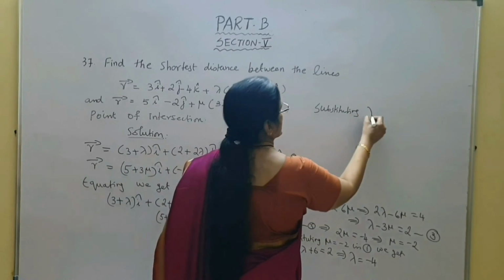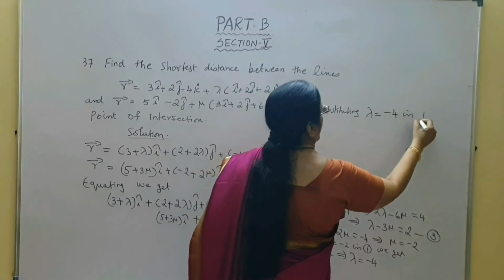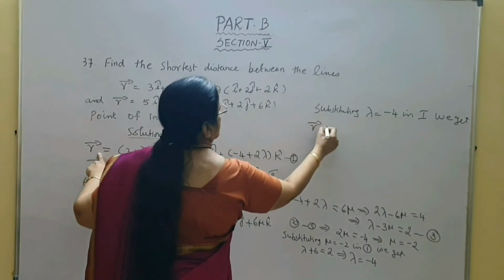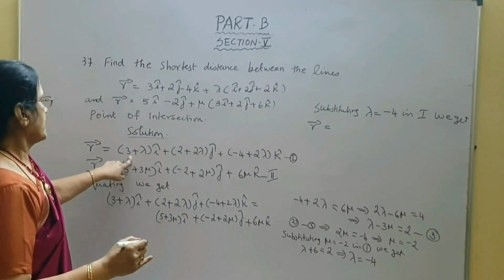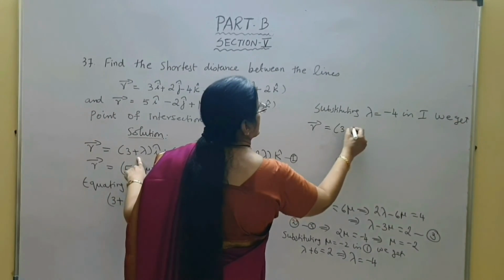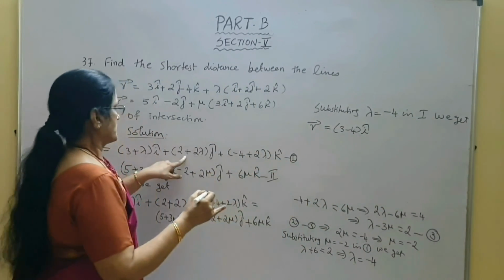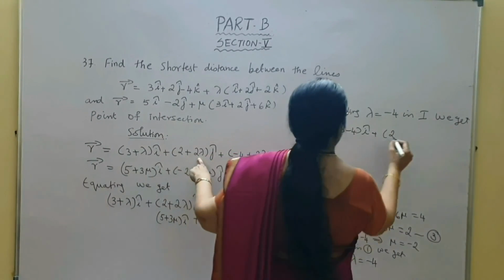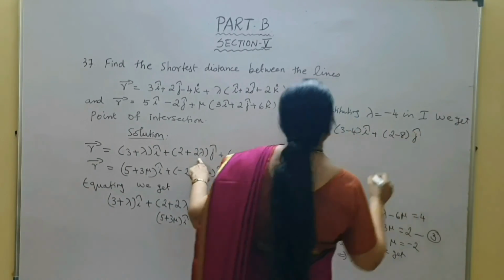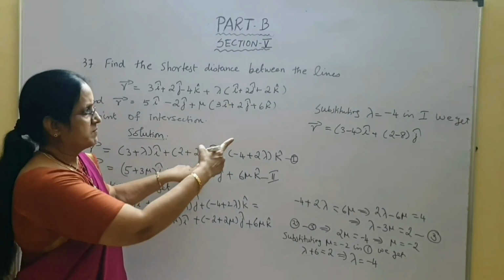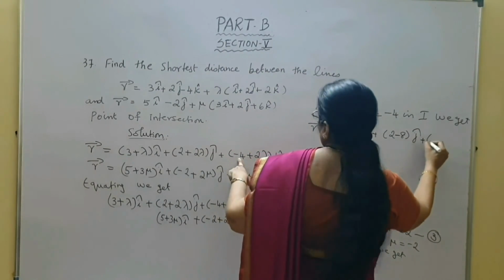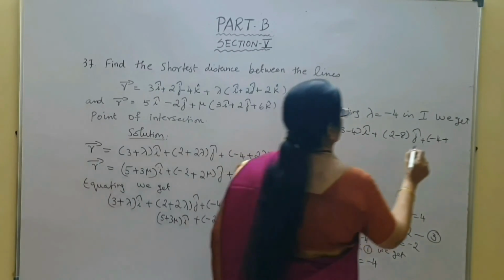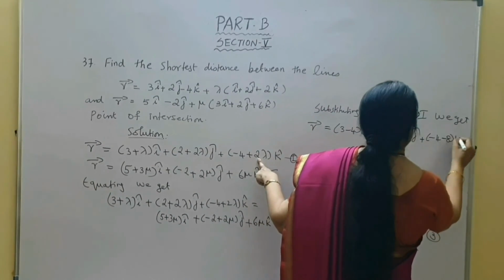Substituting lambda is equal to minus 4 in 1, we get r vector is equal to (3 minus 4) i cap plus (2 minus 8) j cap, because 2 into minus 4 gives minus 8, plus (minus 4 plus 2 into minus 4, again minus 8) k cap.